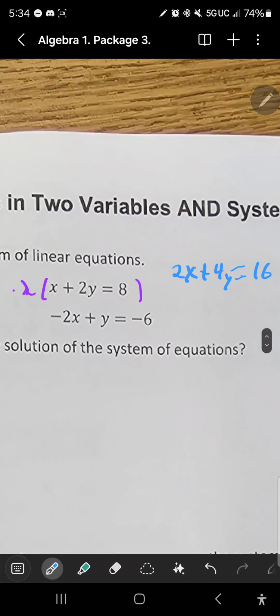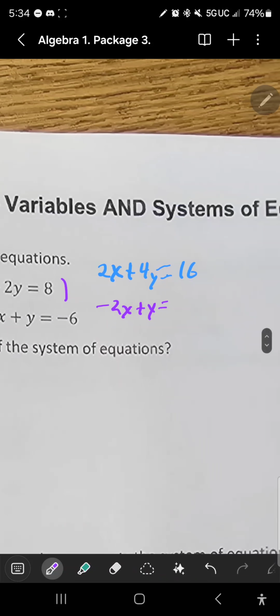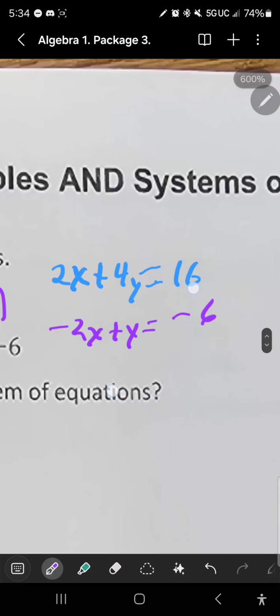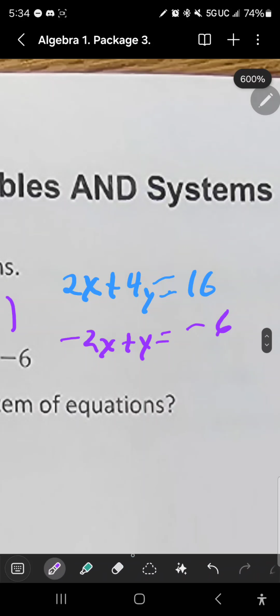Now, I keep the other equation the same. So the equation is negative 2x plus y equal negative 6. Now I'm going to add them together.